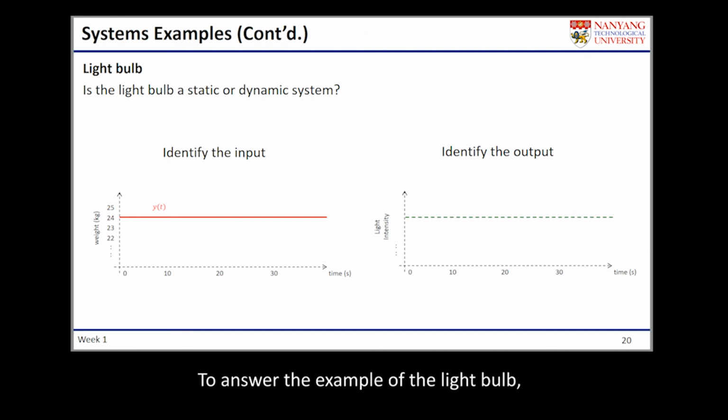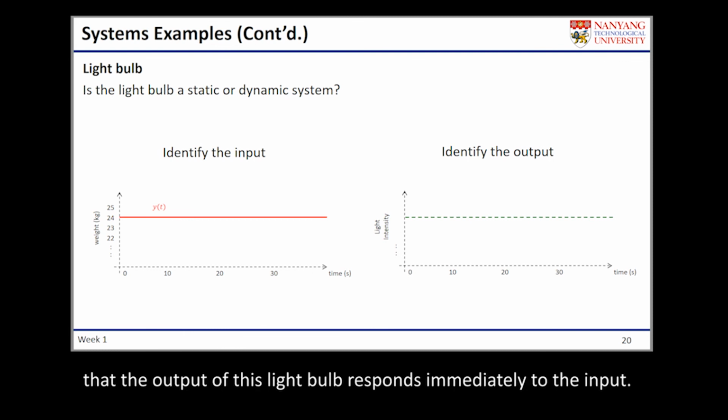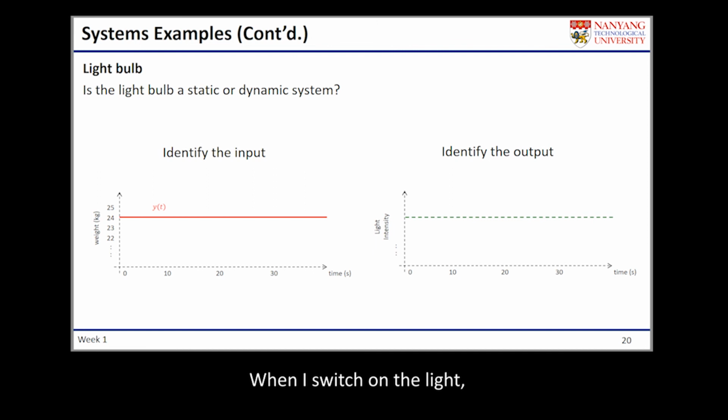To answer the example of a light bulb, some of you might have a notion that the output of this light bulb responds immediately to the input. When I switch on the light bulb, it immediately lights up, right?